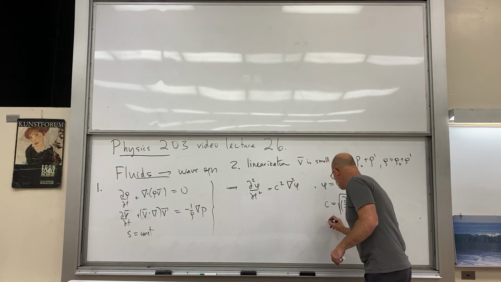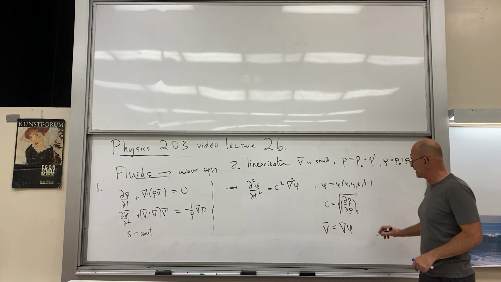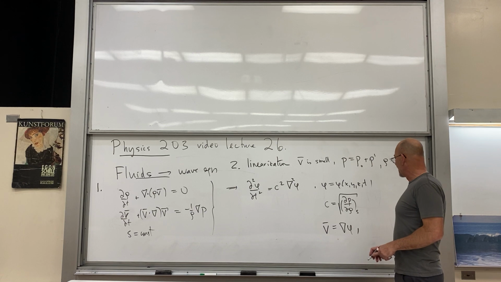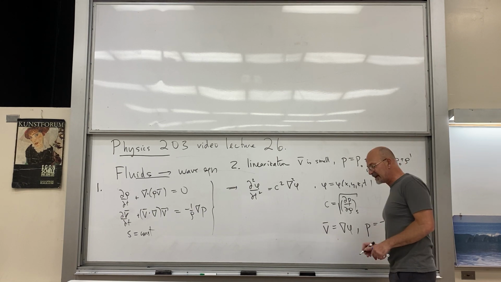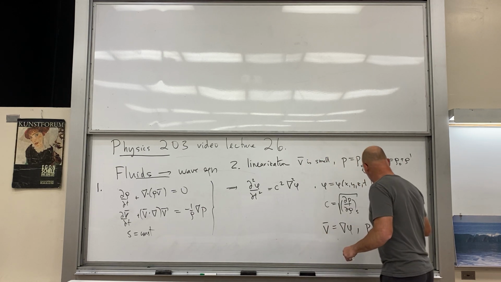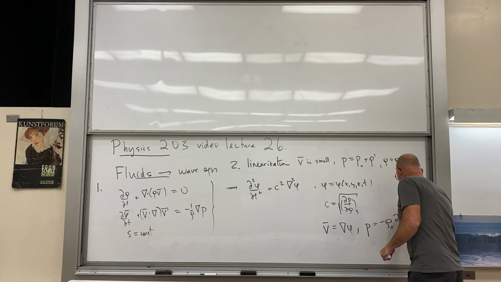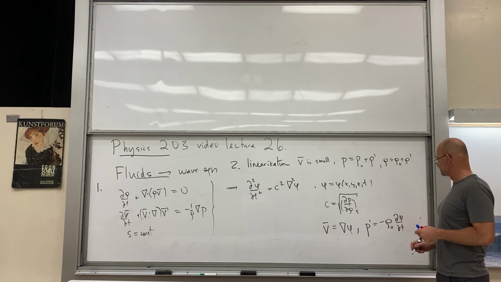We have v is equal to the gradient of phi, and P is equal to minus rho naught d phi dt, and that's that P prime, the small density fluctuation.